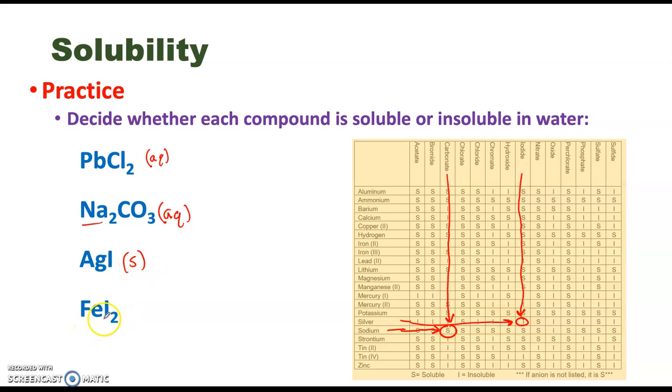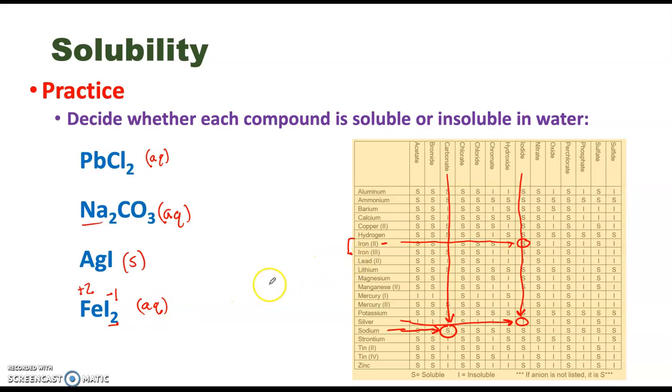Now the last one, FeI2. There are two options for iron, iron 2 or iron 3. Iodine has a -1 charge, so there are two negative ones. That means this iron must be a +2, so it is iron 2. Then I go iron 2, and we've already got a line through iodine, so that one is soluble, so we put an AQ after that one.